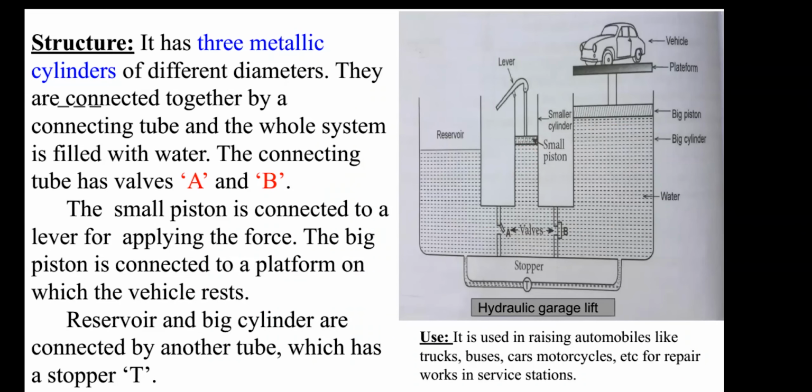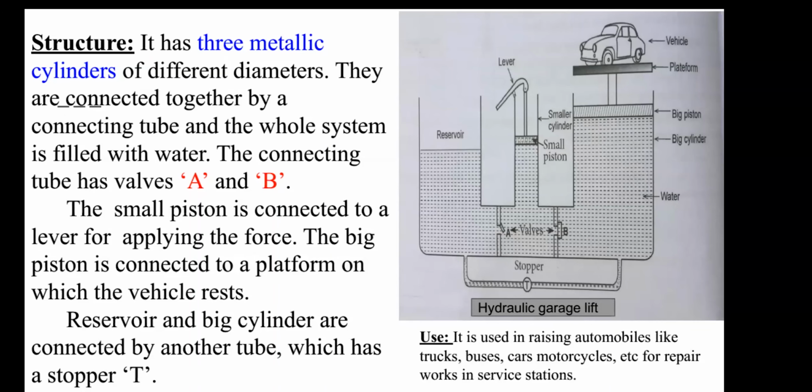Here in the figure you can see they are named valve A and valve B. These valves open in the same direction, but they work at different times. It means when valve A is open, valve B will be closed. If valve B is open, then valve A will be closed.